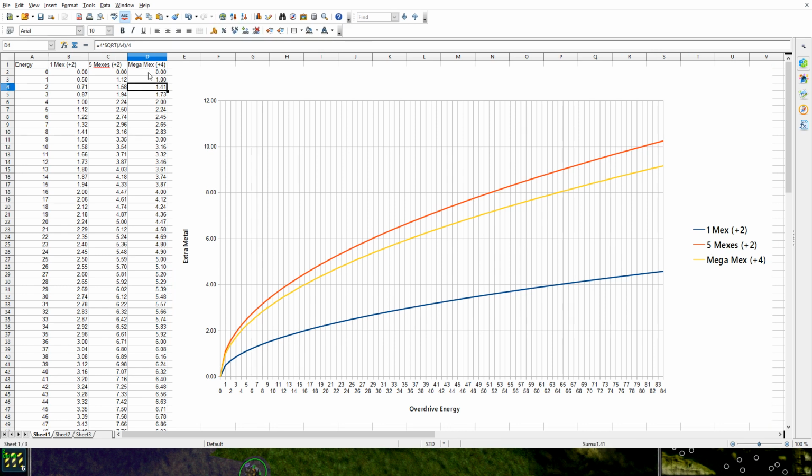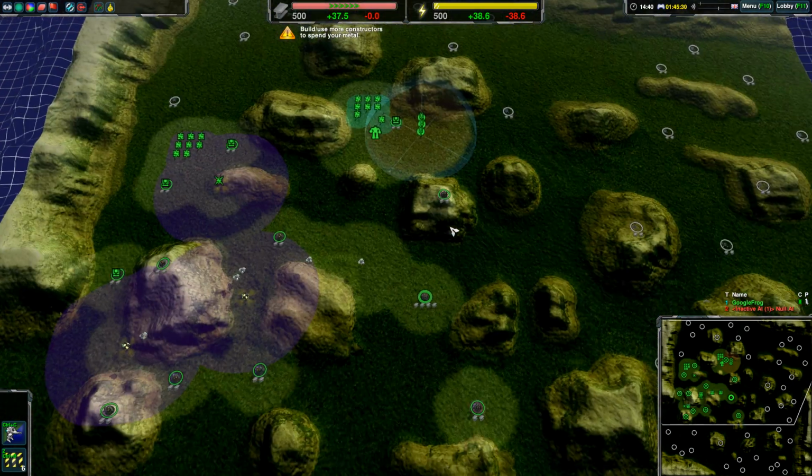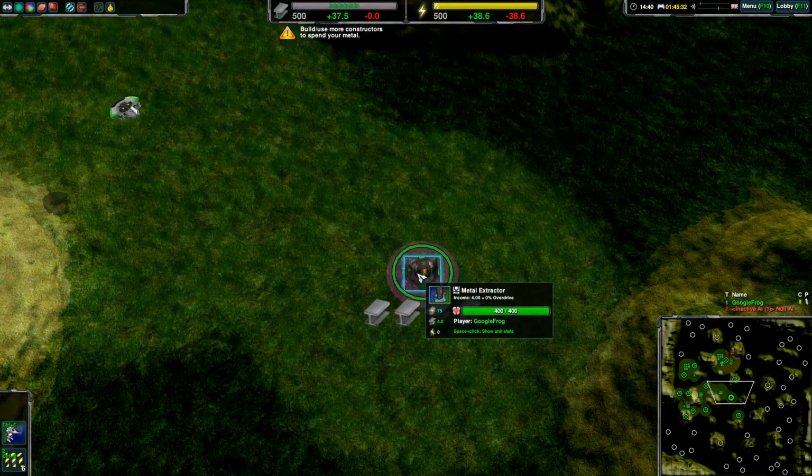One more thing on Overdrive, mega mexes. Overdrive works on multiplying income. So if you have a giant mex, great. And this map, in fact, has a giant mex. So if you look over here, this mex produces 4.